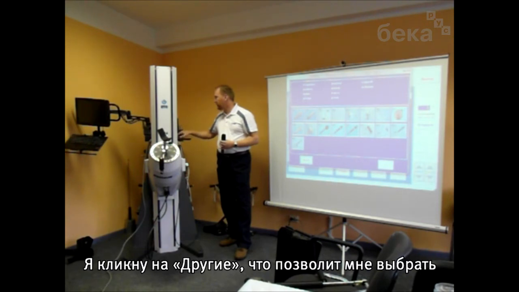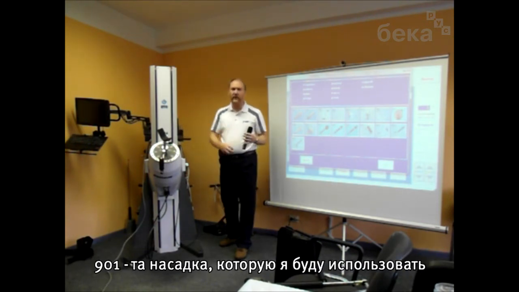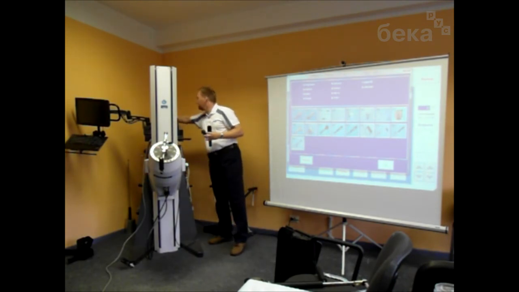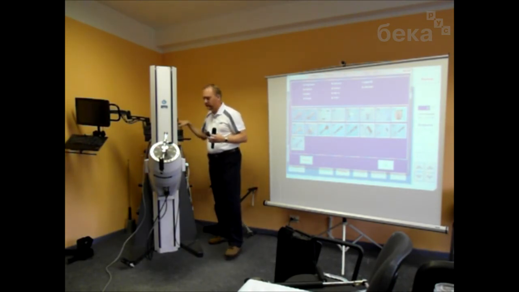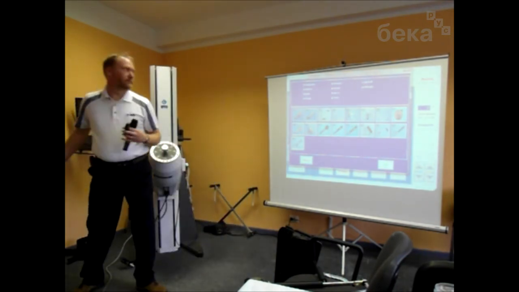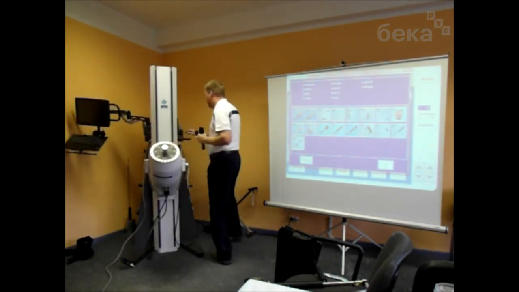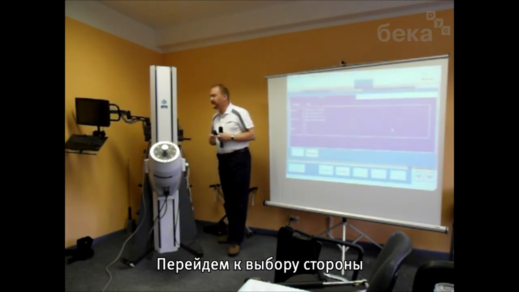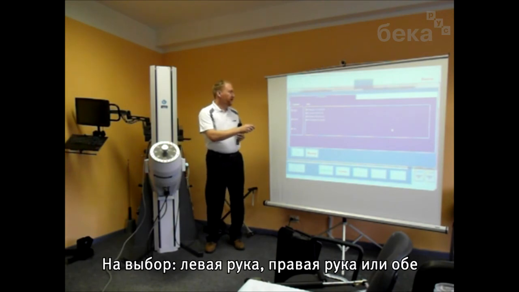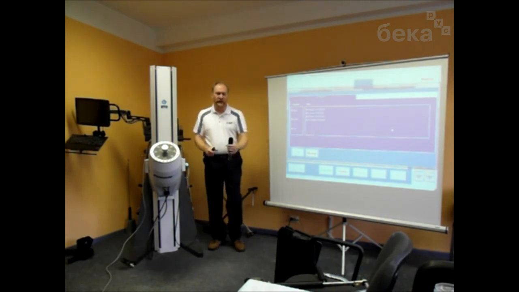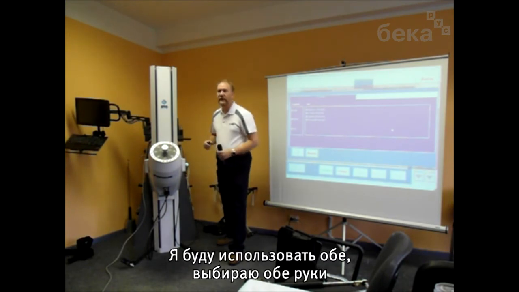That lets me select 901, which is the tool that I want to use for this sample. And then we're going to go to side selection. Are they using their left hand, right hand, or are they using both hands together? No shoveling, two hands, so I'm going to select both.